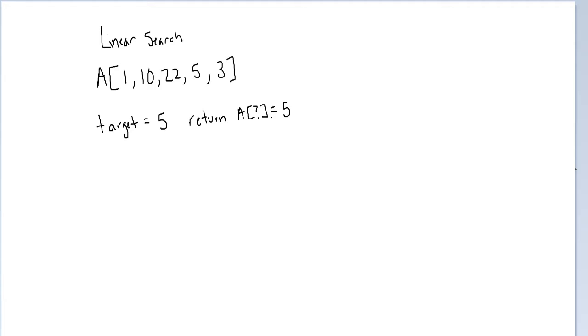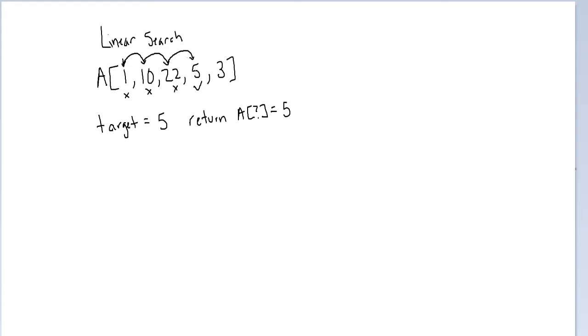As you might think to yourself, well, can't we just iterate through each index of the array until we hit 5? And you are 100% correct, because that's all that linear search does. Start here at 1, check if it matches, and if it doesn't, then we move over to the next one. Doesn't match, move over. Nope.